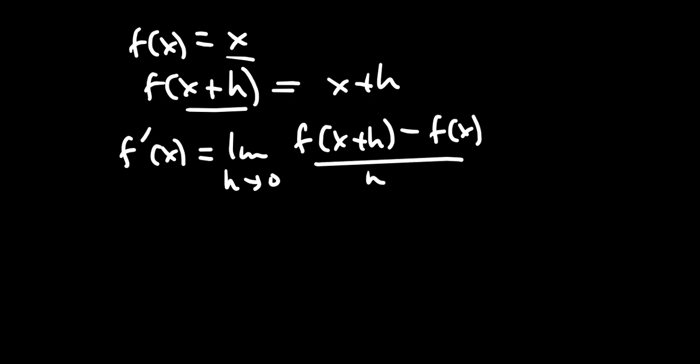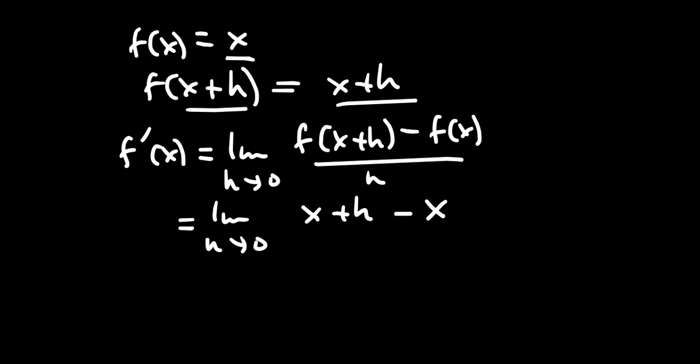So now this is going to give us the limit as h approaches 0. So what is this? I have already written that f of x plus h is just equal to x plus h. Then minus my function f of x, which is just x. Then divided by h.